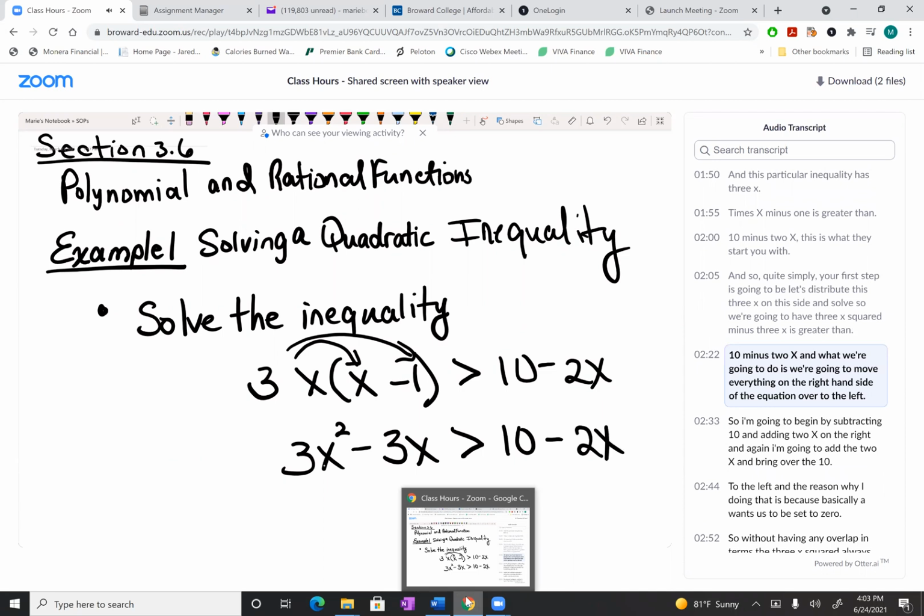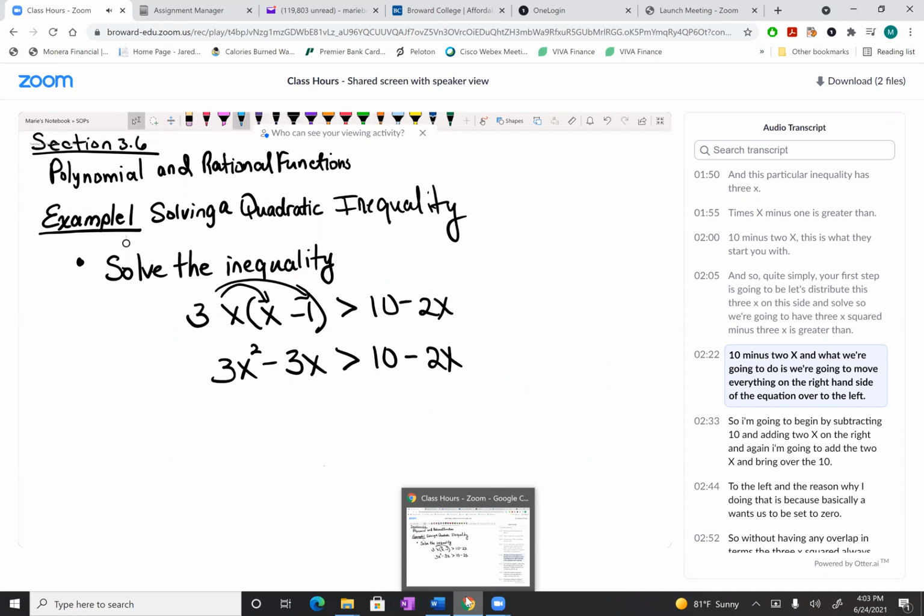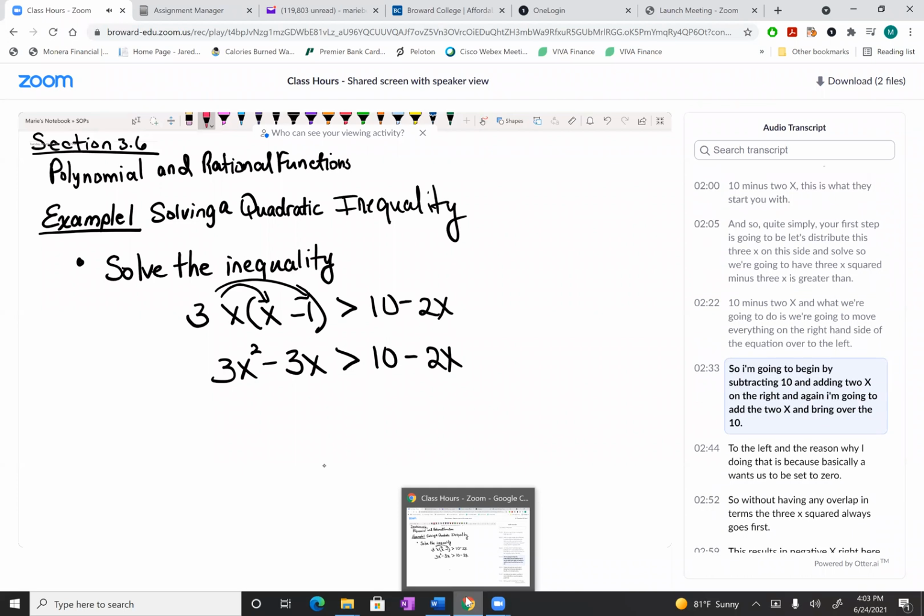And what we're going to do is move everything on the right-hand side over to the left. So I'm going to begin by subtracting 10 and adding the 2x on the right. And again, I'm going to add the 2x and bring over the 10 to the left.